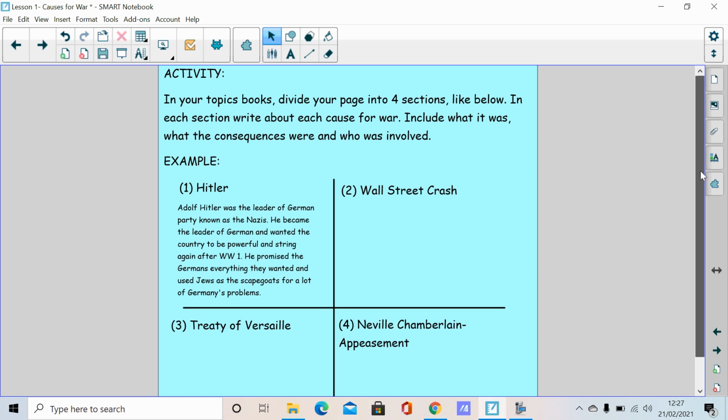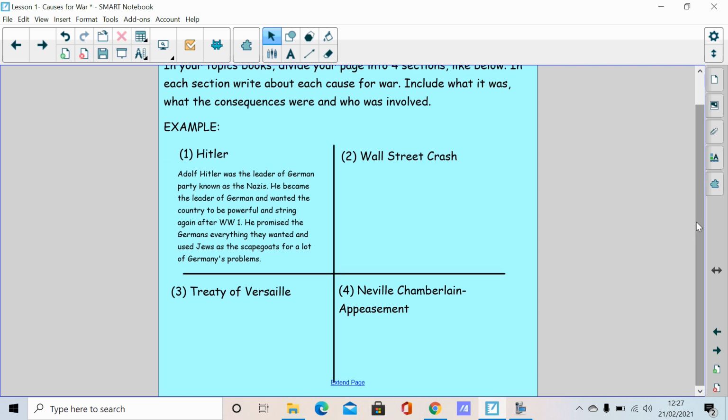Okay, so we've looked at several different causes for World War II, and when we look at one of those causes, you'd think, oh, that's not that big, I suppose. But when you link them all together, when you build up this picture of Hitler becoming leader of the German party and his extreme views, when we think about the Wall Street crash and how that really affected the whole world, but put a lot more pressure on Germany because they were still repaying things for the Treaty of Versailles.